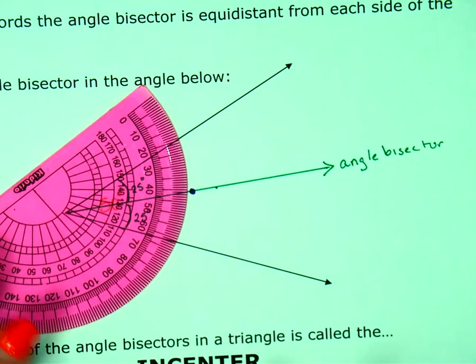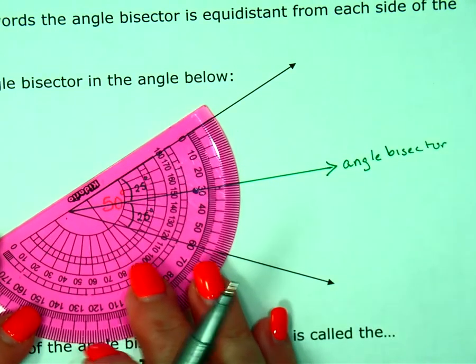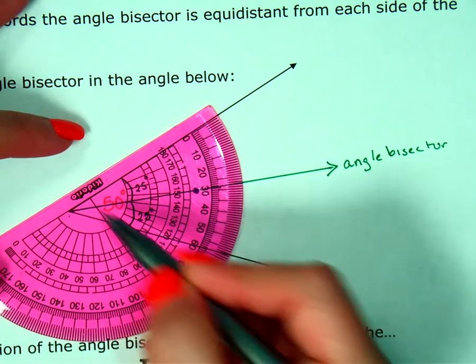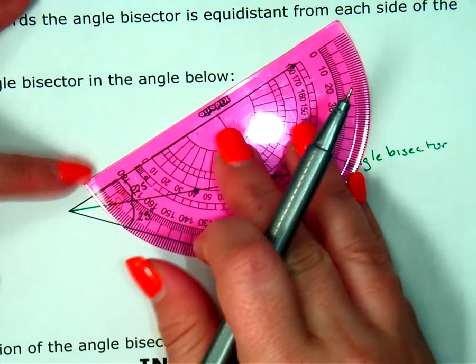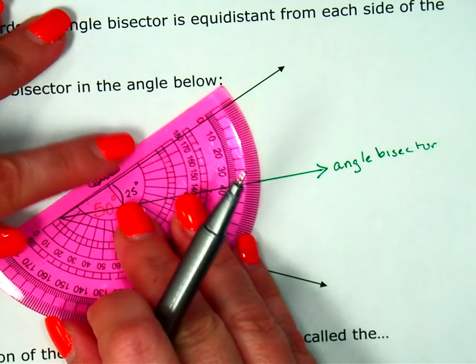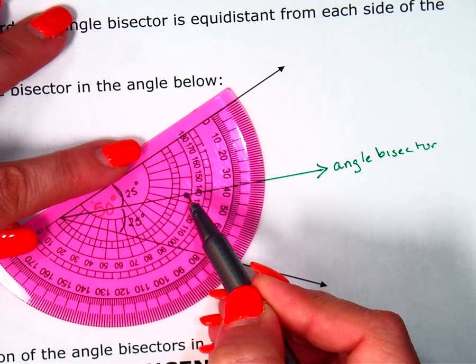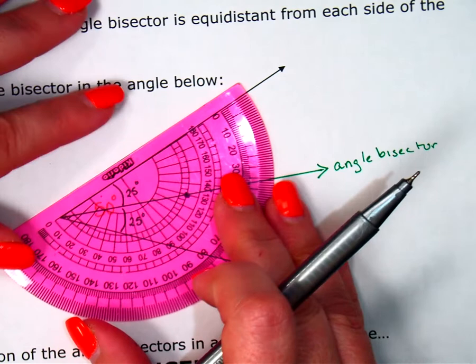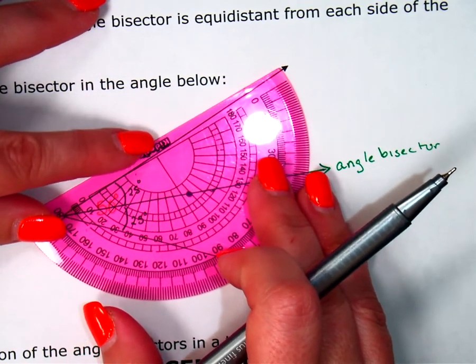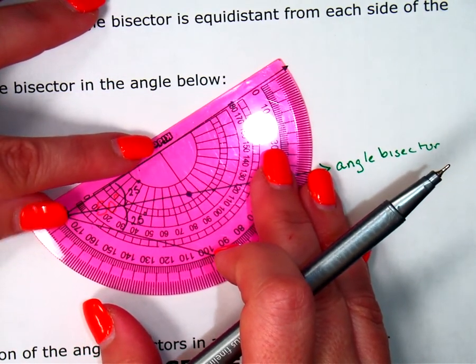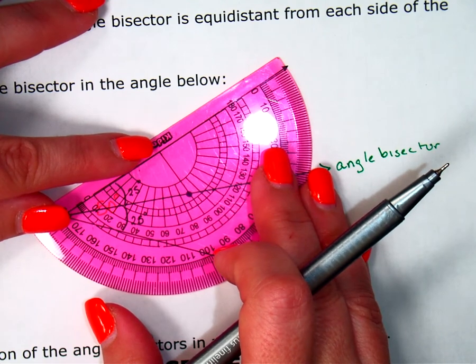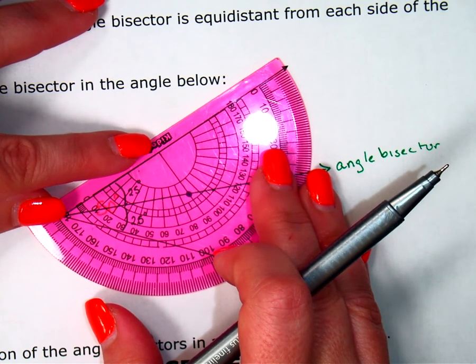So instead what I'm going to do is take my protractor and slide it along this ray, and I'm going to watch for when this 90-degree line intersects that point that I put on the angle bisector. So I'm just going to slide it till it intersects that point. And then I'm going to make sure it's nice and lined up through that point.